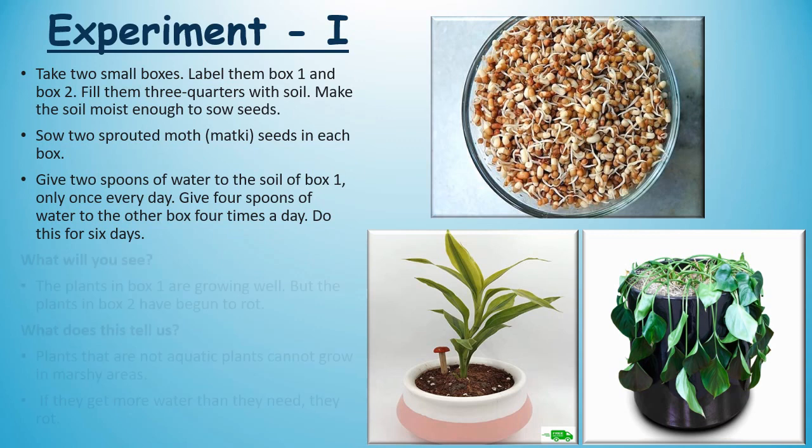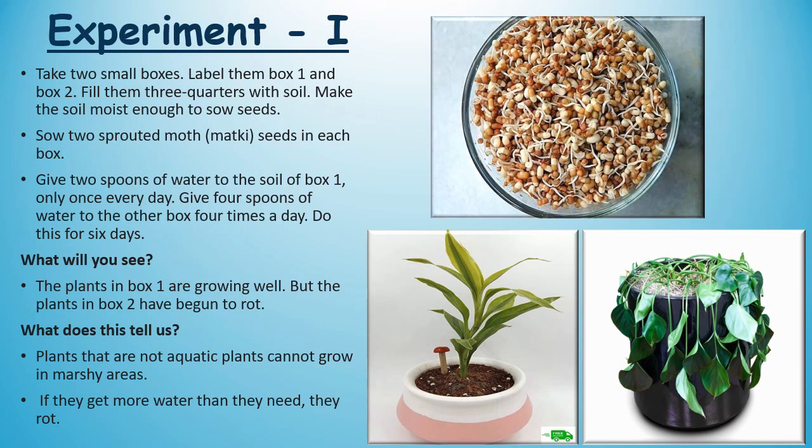What will you see? The plants in box 1 are growing well, but the plants in box 2 have begun to rot. What does this tell us? Plants that are not aquatic plants cannot grow in marshy areas.